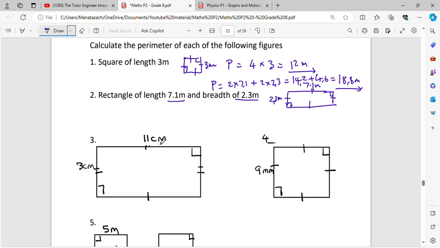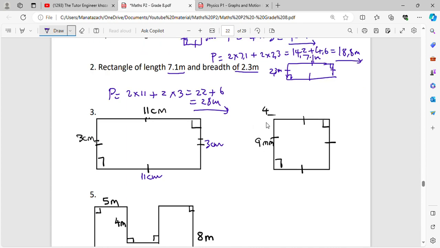Okay, let's do question 3. It's quite similar. This side will be 11 centimeters. This one 3 centimeters. So the perimeter here is 2 times 11 plus 2 times 3. So the answer would be 22 plus 6, which is 28 meters perimeter.